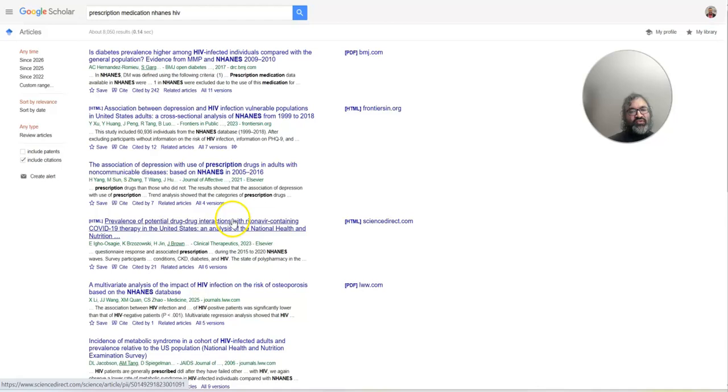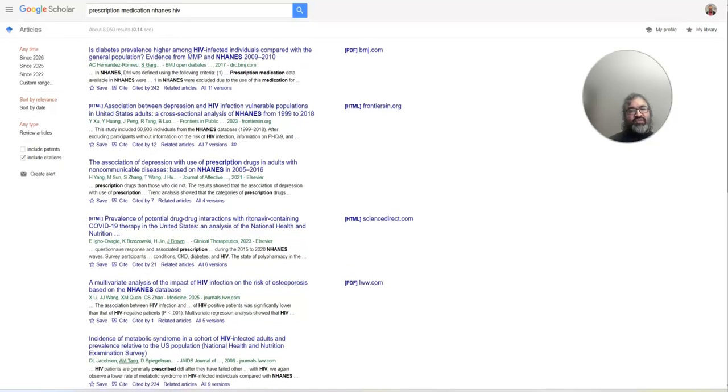This one goes into 2015 to 2020. And then also osteoporosis, which is important because postmenopausal women experience this more. So a lot of the prescription medication data is there in different years.